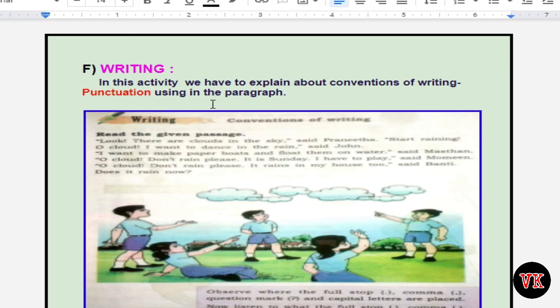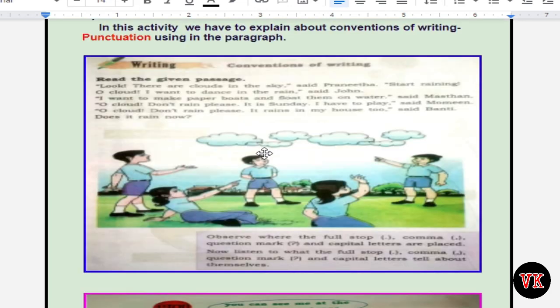I want to make paper boats and float them on the water, said Matthews. Oh, cloud, don't rain, please. It is Sunday. I have to play, said Momin. Oh, cloud, don't rain, please. It rains in my house too, said Bunty. Does it rain now?